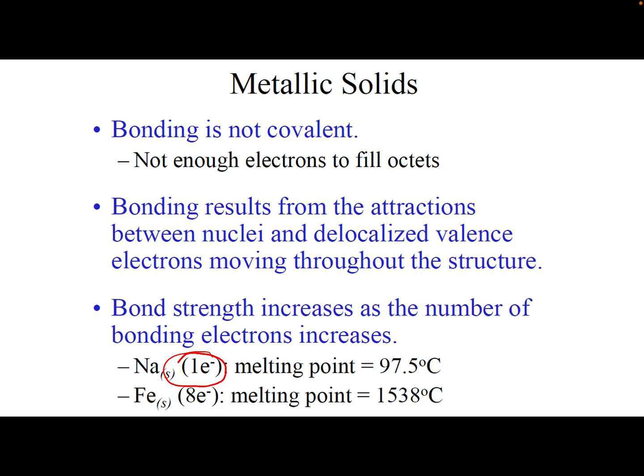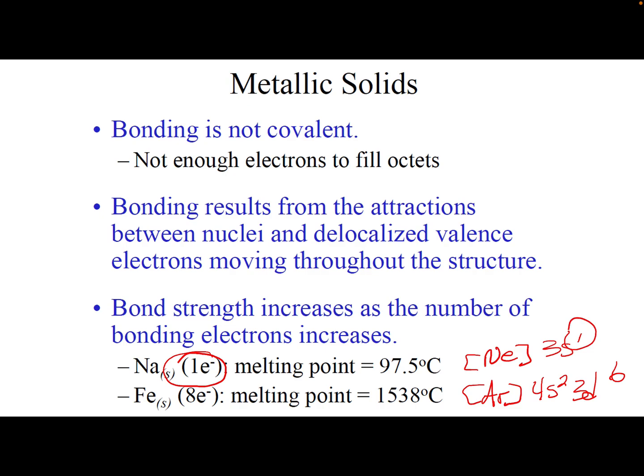And so if you look at the electron configuration for iron, you have argon, and then 4s2, 3d6. And here we have neon, 3s1. So our sodium has one valence electron, or one bonding electron, so to speak.